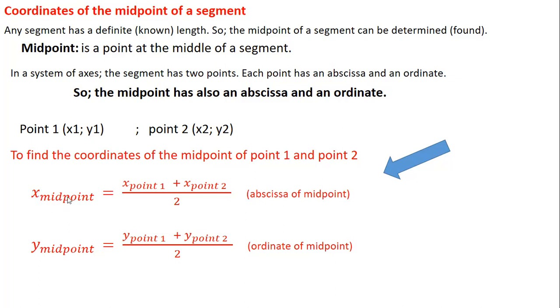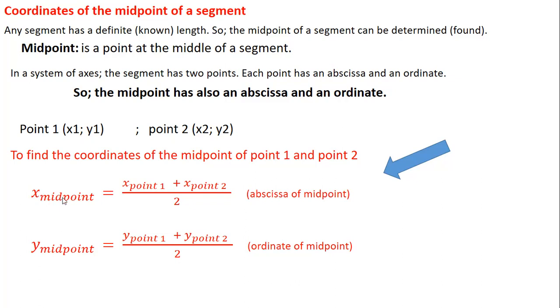So the abscissa of the midpoint, we call it x midpoint, is equal to x of the first point plus x of the second point, the abscissa of the first point plus the abscissa of the second point, over 2. Why over 2? Because it is in the middle. Anything in the middle, we divide it by 2. So this is the rule of the abscissa of the midpoint. These should be memorized.